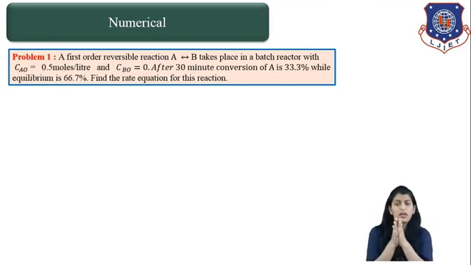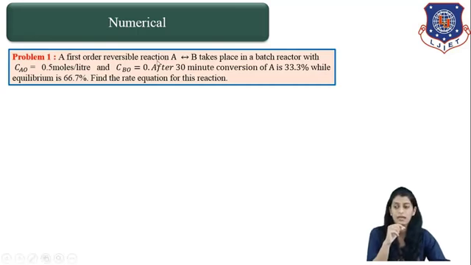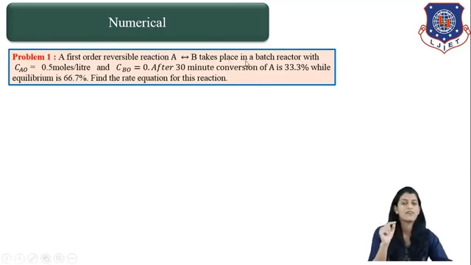So we are provided with a first order reversible reaction in which, as you can see here, A is our reactant and B is the final product, right? Then it has been written that the entire reaction is taking place in a batch reactor.